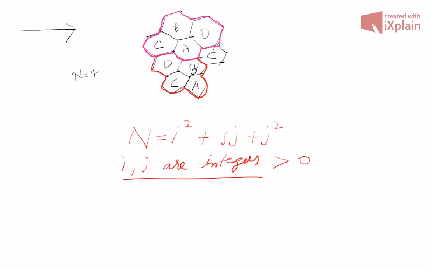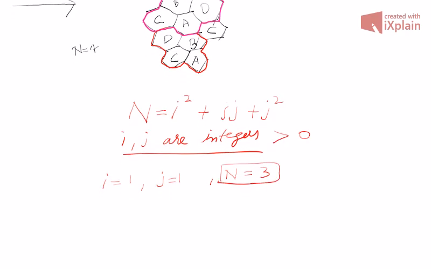And they have a special meaning also. Suppose I write i is equal to 1, j is equal to 1, then I will get n equal to 3. 3 is also one possible number. We have done 3 previously. Today we did 4. Similarly, if I write i equal to 1, j equal to 2, I will get n equal to 1 plus 2 plus 2, so 5.